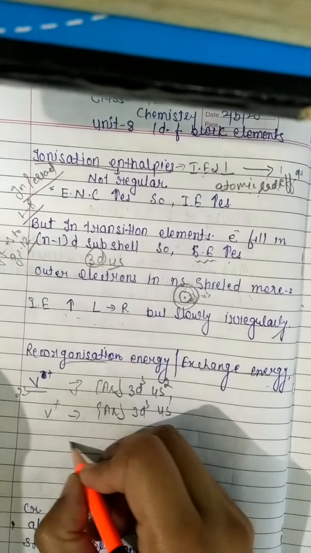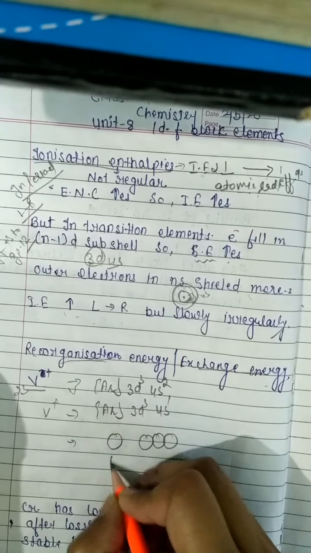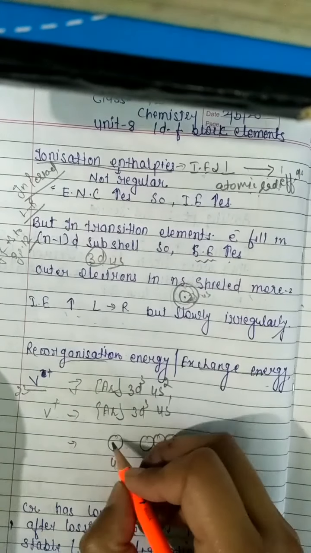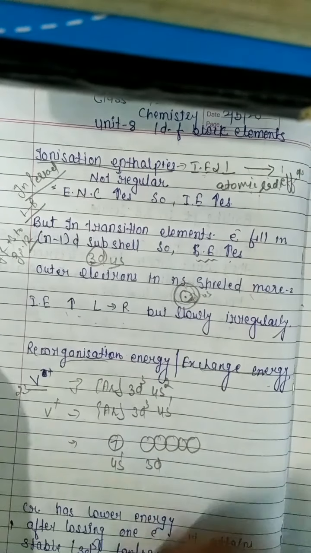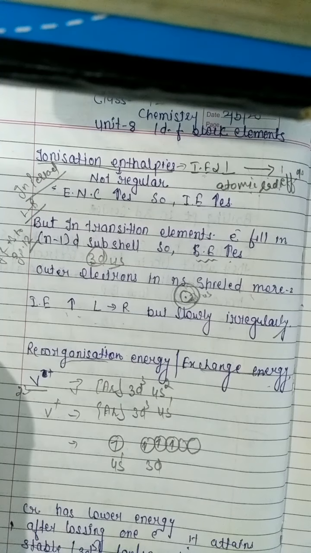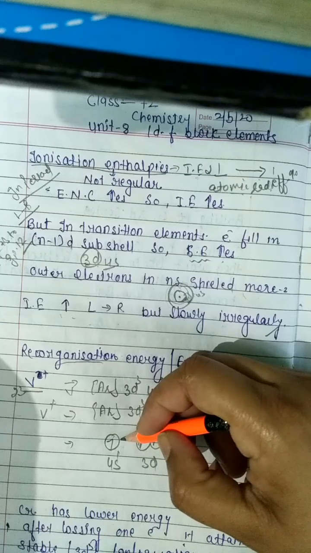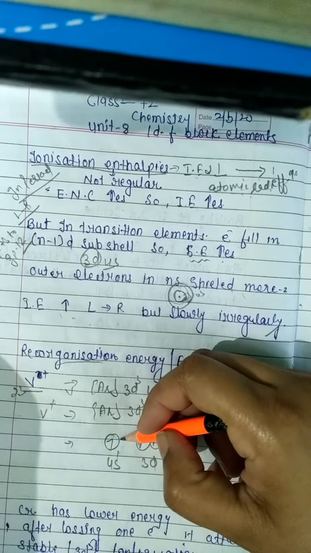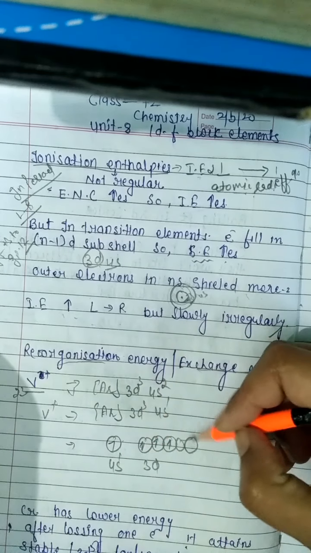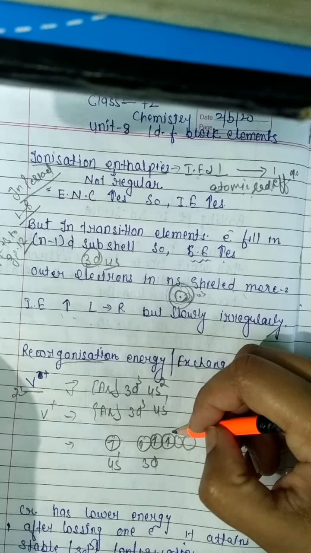Clear? Now, how can we represent 4s and 3d? In 4s, one electron is present, and in 3d, 3 electrons are present. The electron in the 4s orbital is unpaired, and the 3d orbitals are also unpaired.